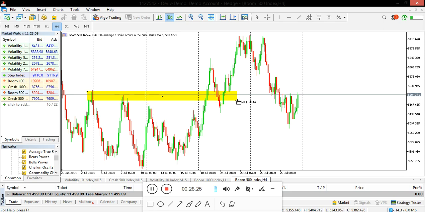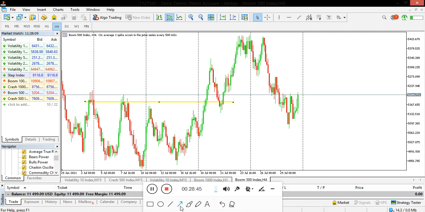The market is coming back to retest this level. Market is definitely coming back to retest this level. Let it touch more lines. Let it touch the head very well. When the market gets back to this level, definitely you will begin to see booming.